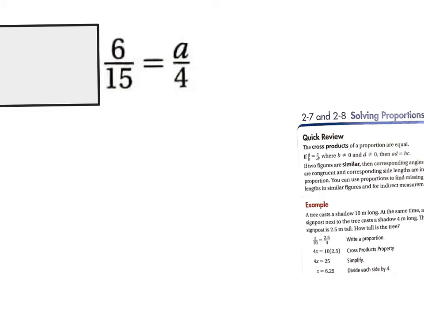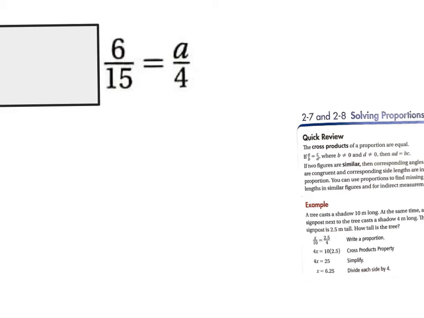So maybe we'll try to go from 15 to 4 and see if that's a pattern. Or we could go from 15 to 6 and see if that's a pattern. If I don't have a calculator, neither one really are that appealing to me. I don't really see an obvious pattern.